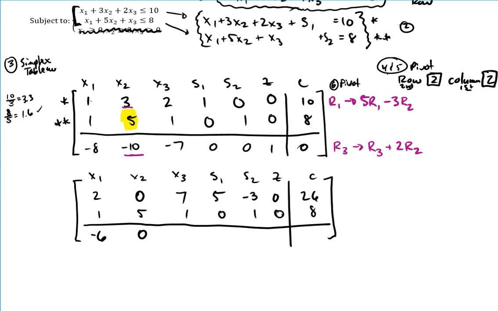Negative 7 plus 2 would be negative 5. 0 plus 0 is 0. 0 plus 2 is 2. 1 plus 0 is 1. And then 0 plus 16 is 16.